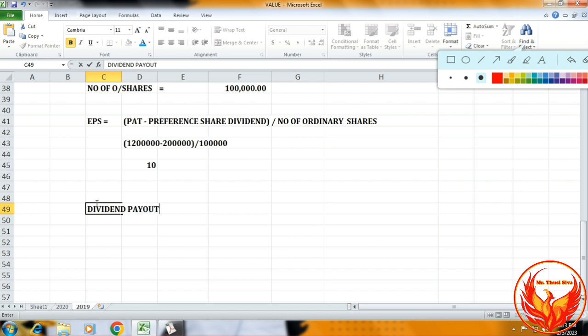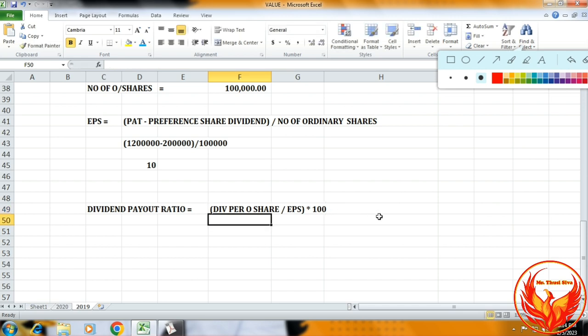Dividend payout ratio equals dividend per ordinary share divided by earnings per share, into 100. This is the equation for calculating the dividend payout ratio.